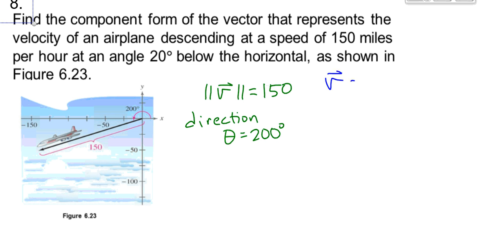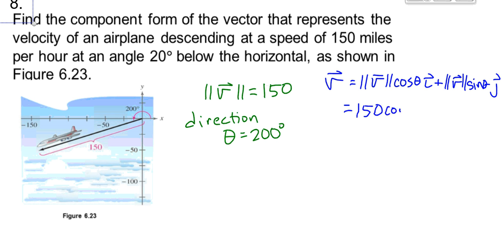So the vector is equal to the magnitude of v times what goes there? Cosine theta i plus the magnitude of v sine theta j. So we just plug them in and see what happens. For this one, this is 150 cosine 200 degrees i plus 150 sine 200 degrees.